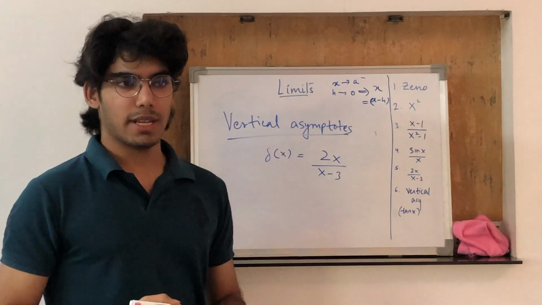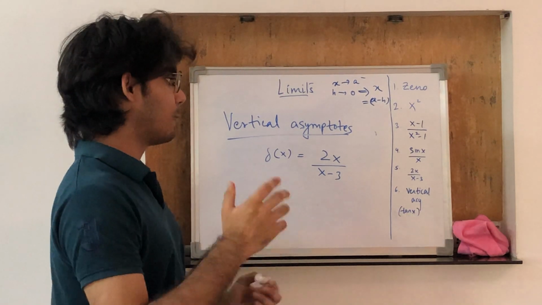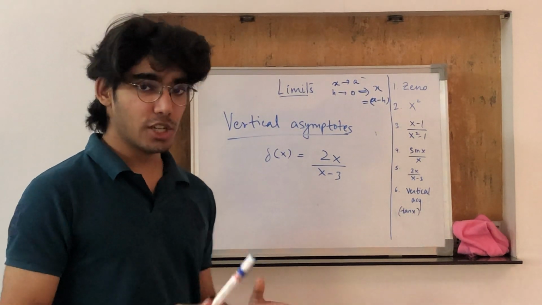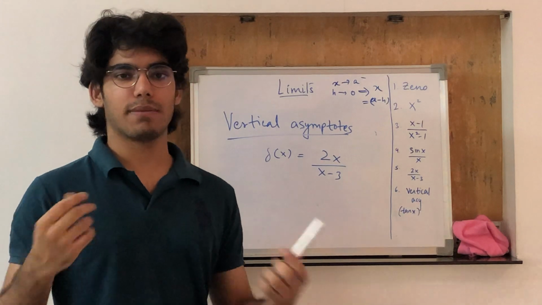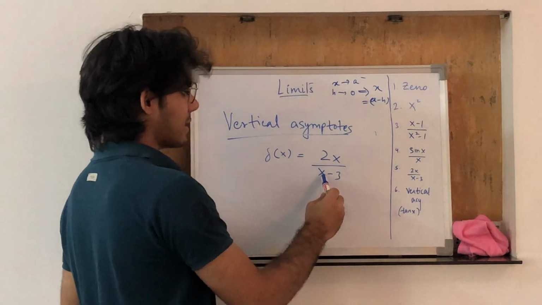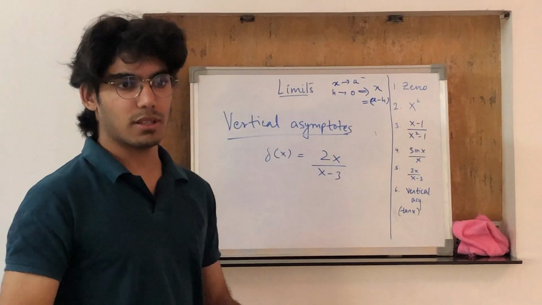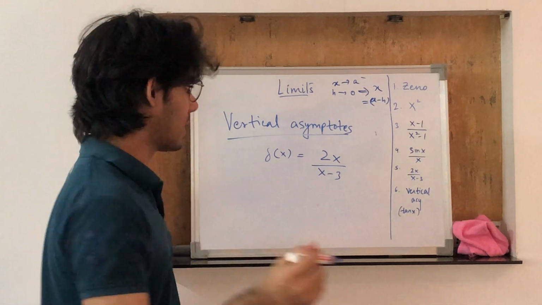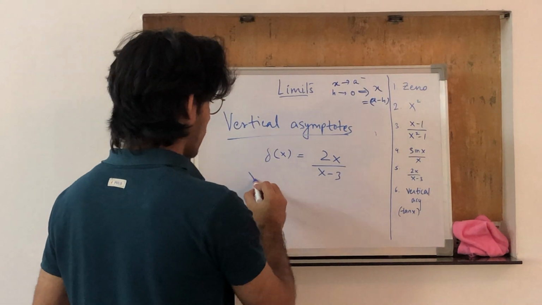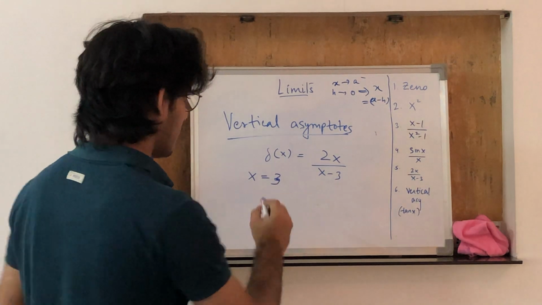For this function, the vertical asymptote would be the value of x for which this function is going to go to infinity, alright? And we know that if we plug in x is equal to 3 here, that's going to give us 6 over 0, and that's our vertical asymptote. So for this function, the vertical asymptote is x is equal to 3.